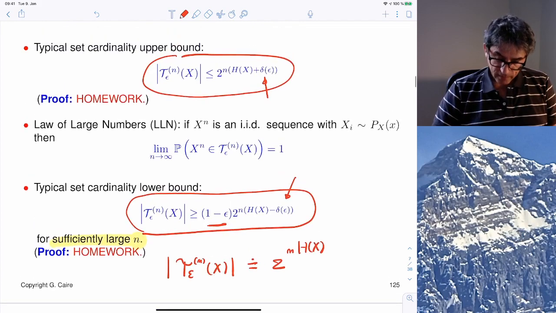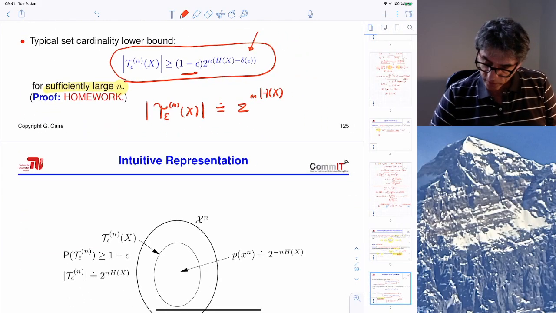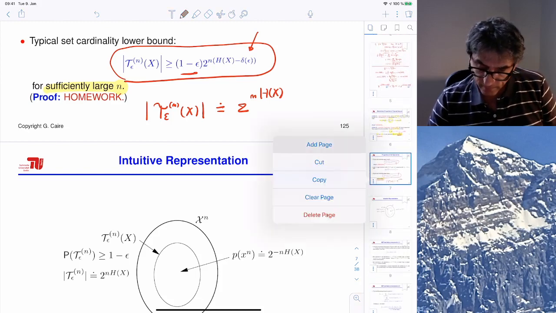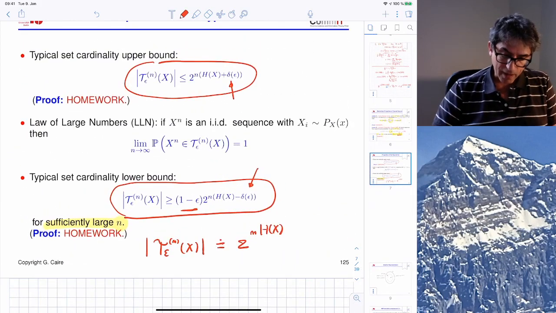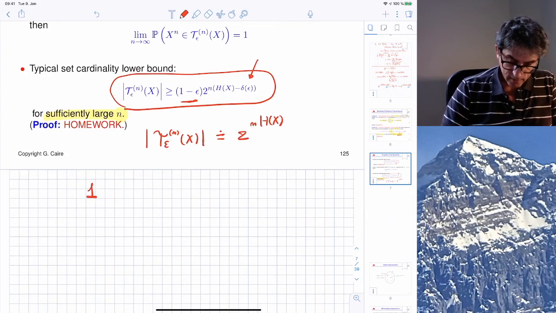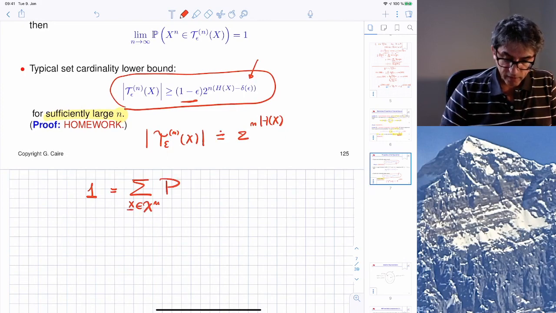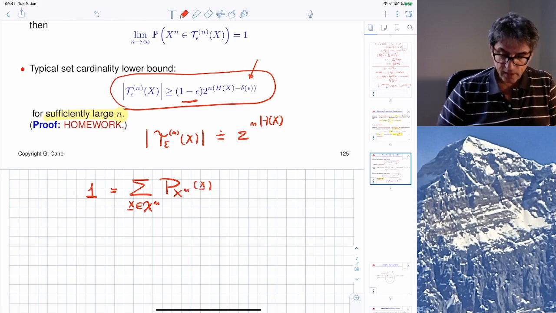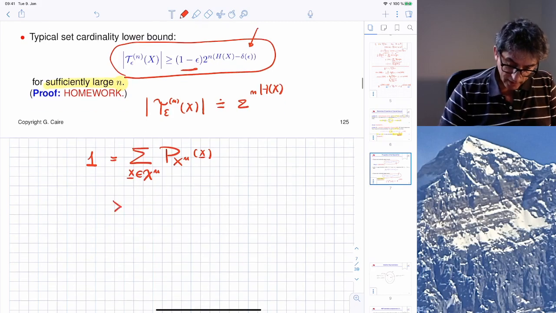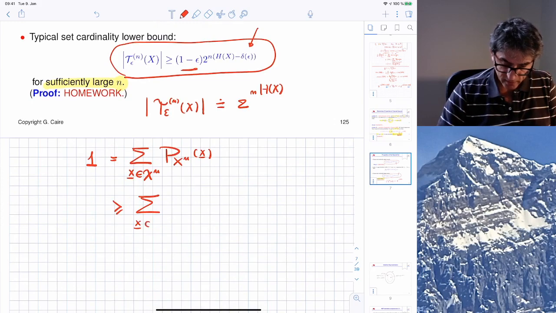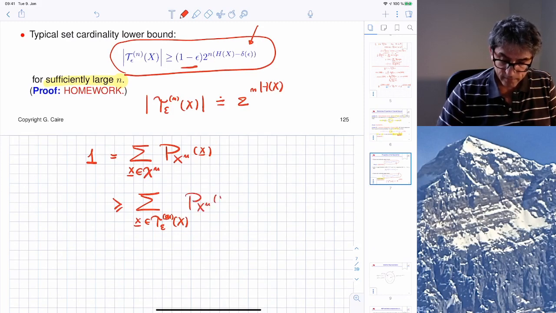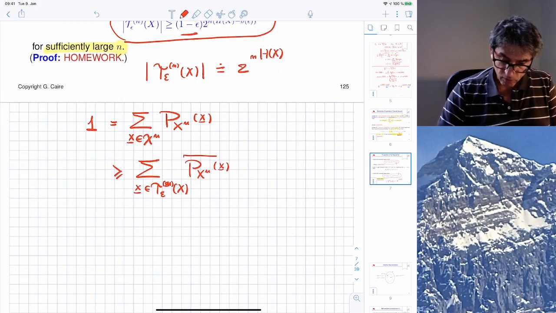Good. How do we prove this cardinality result? Let's do it because it's instructive. So let's prove first the upper bound. We can say 1 is equal to the sum over all sequences of their joint probability, because if I sum a probability mass function over all possibilities, I get 1. Of course, if I restrict this sum to the typical sequences, which is a subset, well, I get something less or equal than 1. But now I have a uniform lower bound on these probabilities given by the asymptotic equipartition property.